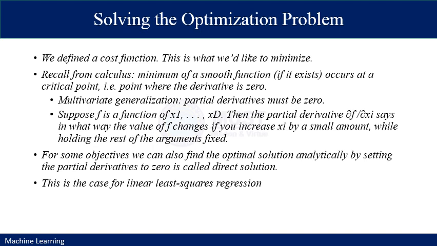If you recall, the minimum of a smooth function, if it exists, occurs at a critical point, and that critical point is the location where the derivative is 0. In the multivariate generalization, the partial derivatives must be 0.